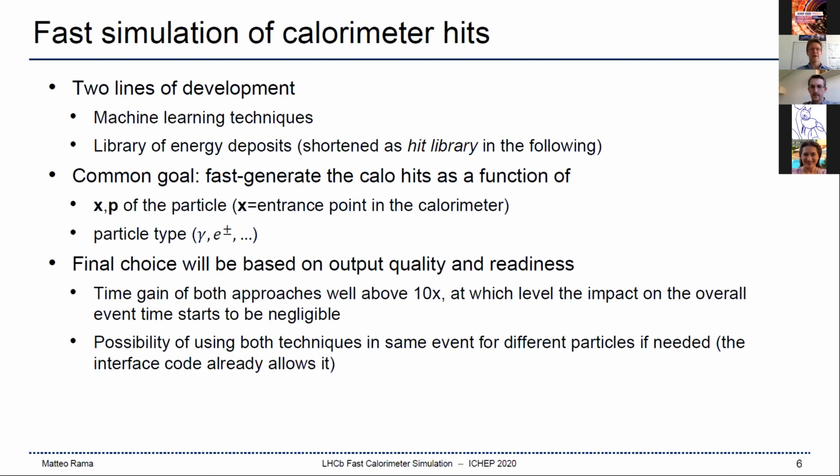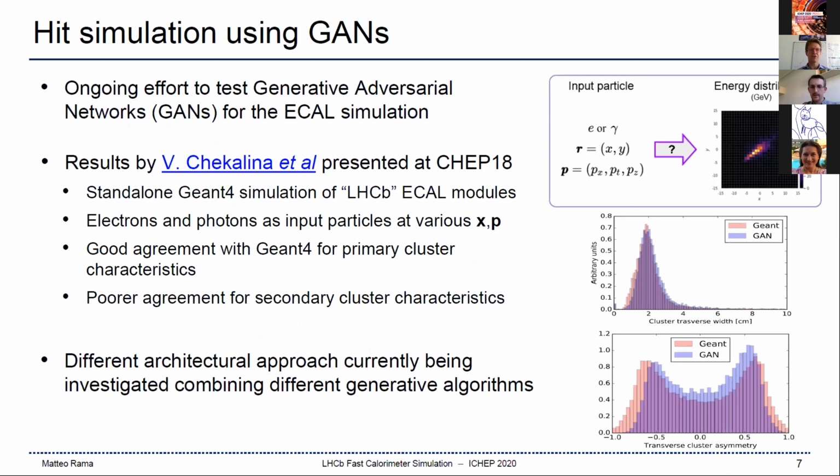Okay, so let's start from the development line concerning the use of machine learning techniques to simulate the calorimeter response. There is an ongoing effort to investigate the use of generative adversarial networks to generate the hits.